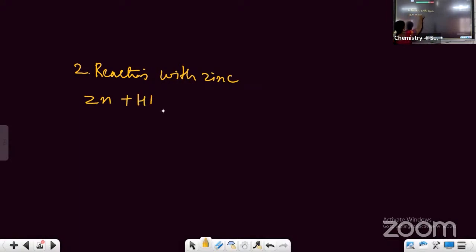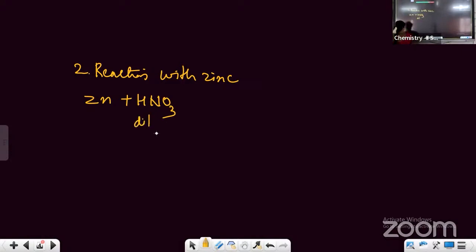The second one is the reaction with zinc. Reaction with the zinc. So Zn plus HNO3. As I have told you, we are going to do the reactions with the 2 concentrations. So first I am taking dilute.